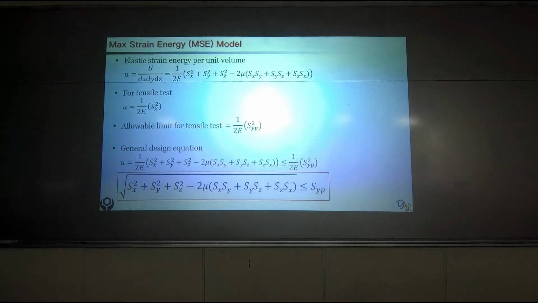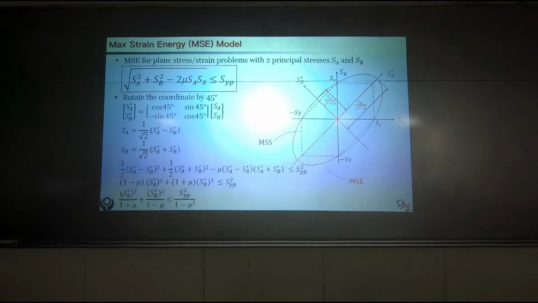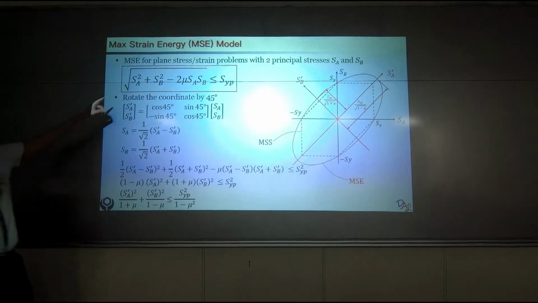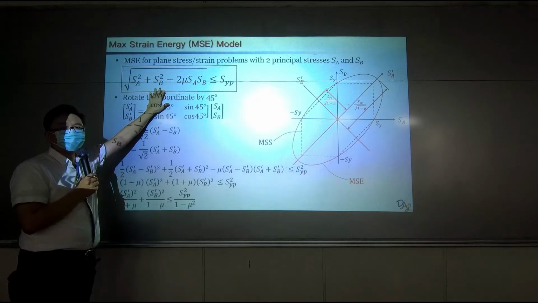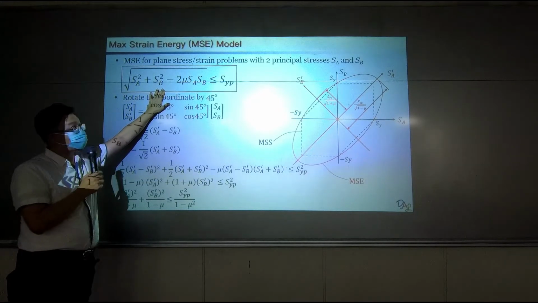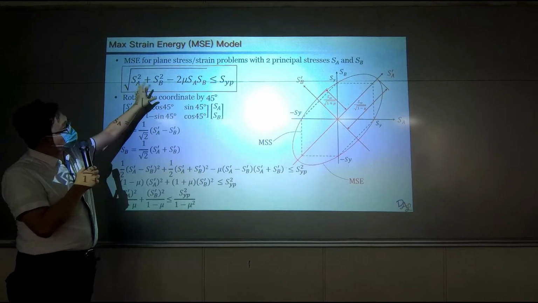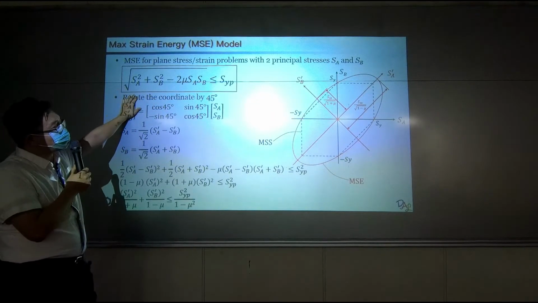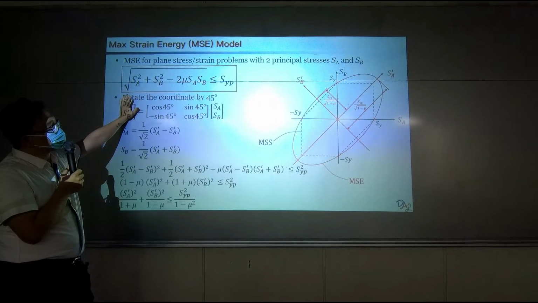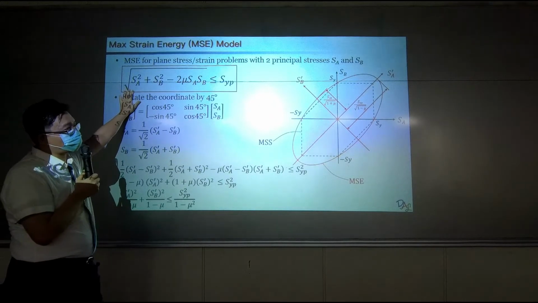And for plane stress problems, it reduces to this because we don't have stresses in the third direction. So this is much easier to memorize if you would like to do it. Only for plane stress problems.